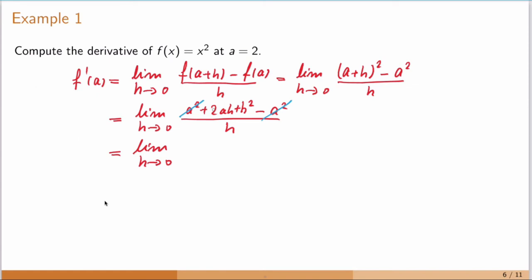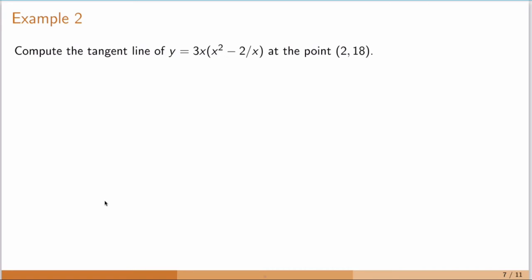The first term 2ah divided by h, so the h goes, this is just 2a. And the next term is h squared divided by h, so this is an h. Now here we can happily take the limit as h goes to 0, and this turns out to be 2a. So indeed, using this formula we can compute the derivative. Now let's substitute the number 2, so then f prime at 2 is 2 times 2, which is 4. Simple.